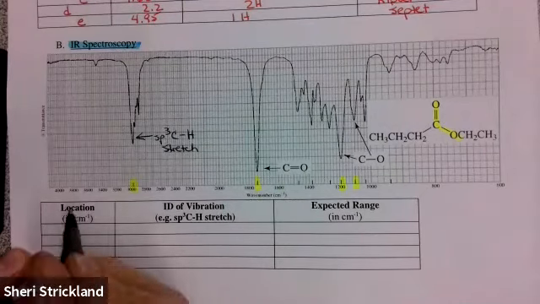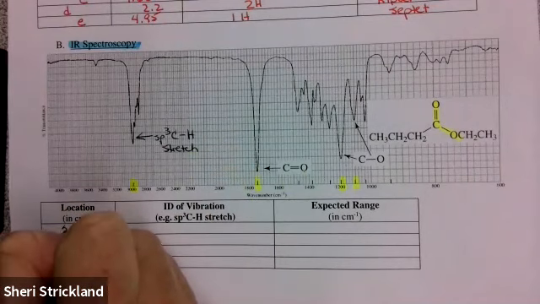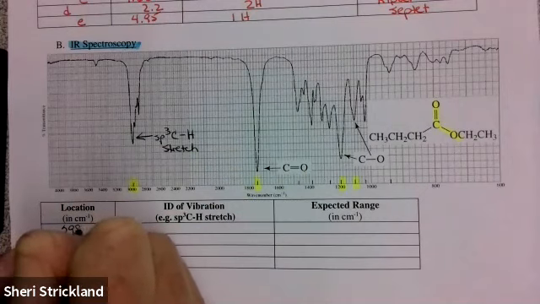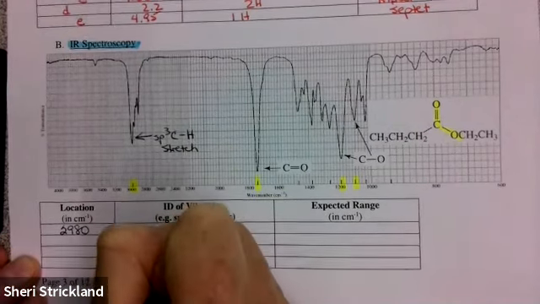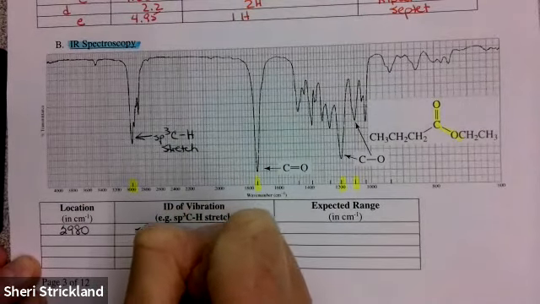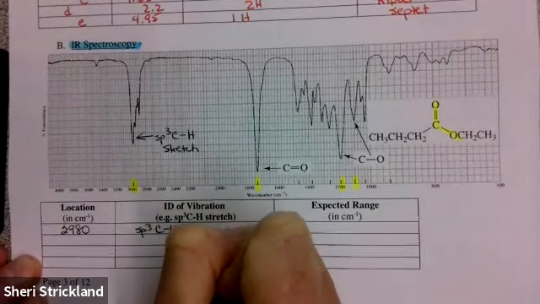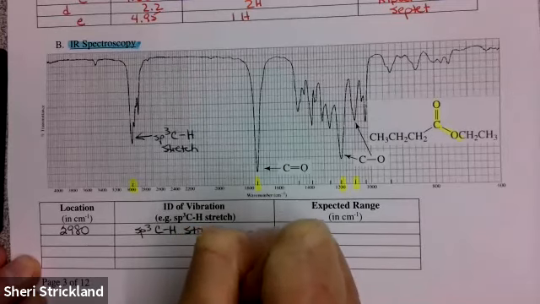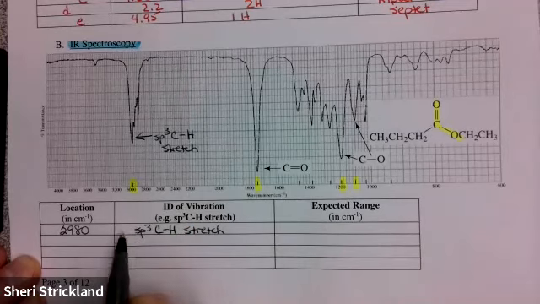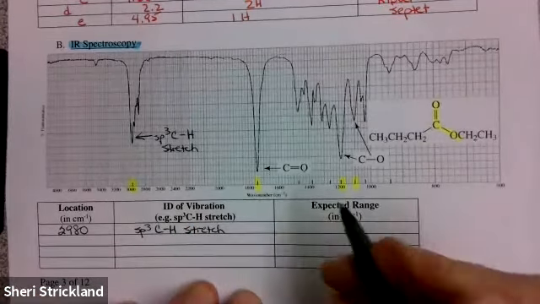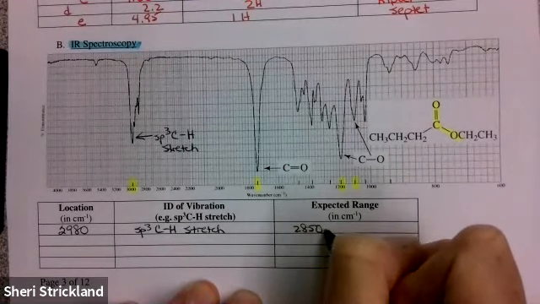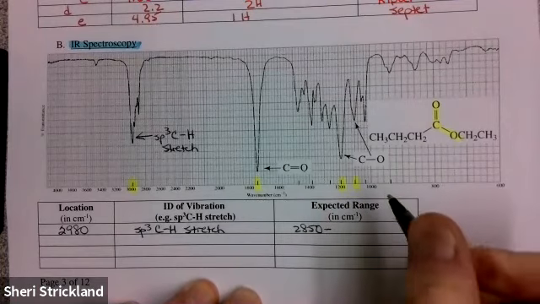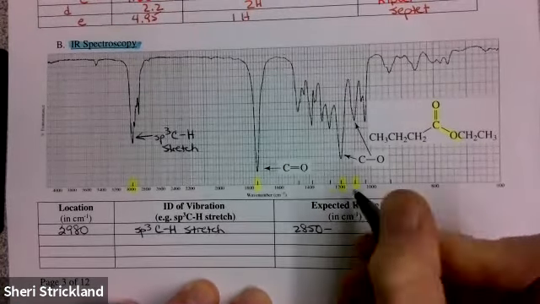So in an IR analysis table, we need the location. And I estimated this one at 2980. Identified it as an sp3 carbon hydrogen stretch. Anytime you report a carbon hydrogen stretch, you must include the hybridization of the carbon, because that's what sets the range. The range is very different for sp3 carbon hydrogen stretches versus sp2 versus sp.